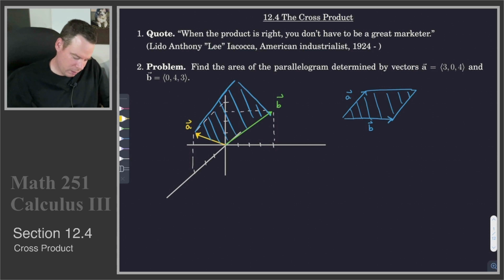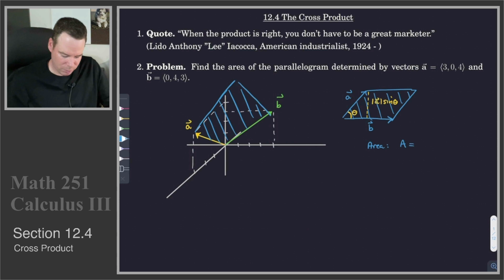If we know the angle between A and B, then we can use that to find the height. The height of this parallelogram would be the length of A times sine theta. And therefore the area would be the height times the base, basically the area of a rectangle.